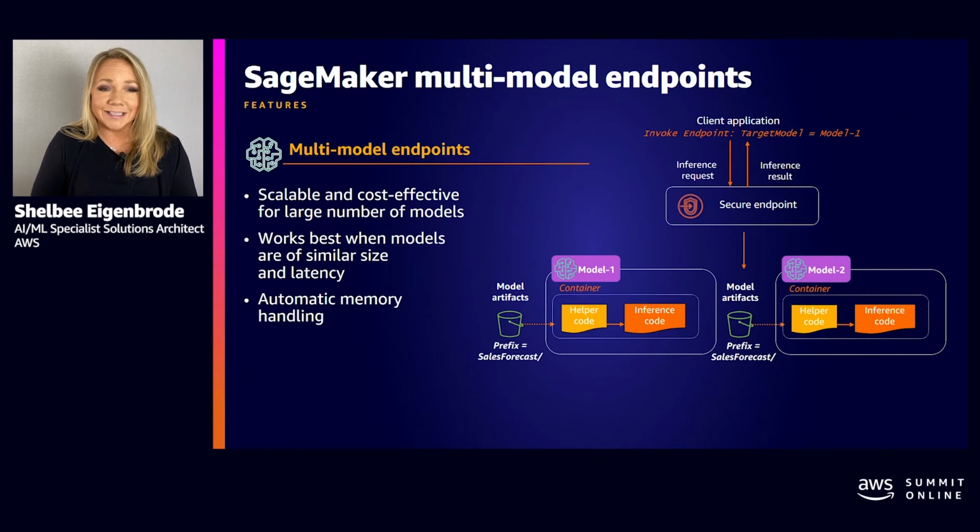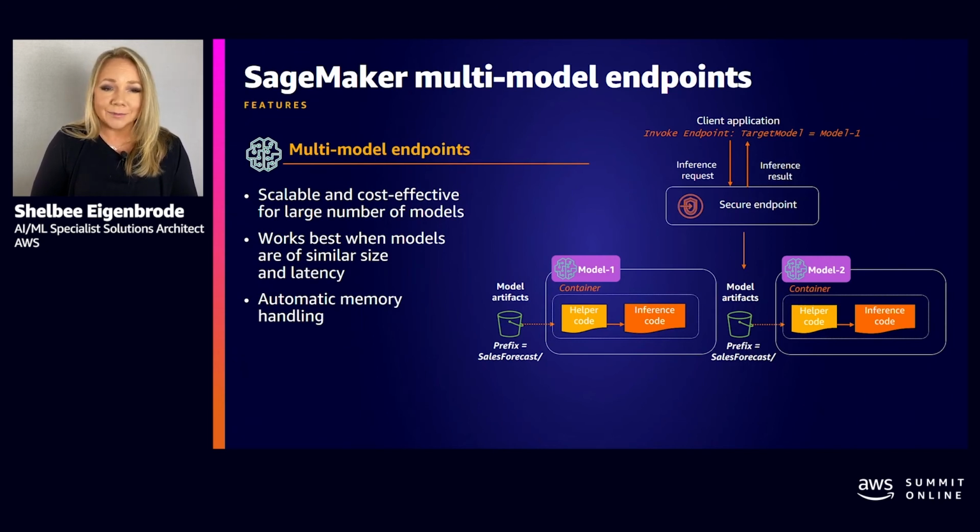This feature is ideal when you have a large number of similar models that you can serve through a shared serving container, and you don't need access to all the models at the same time. So for example, if you're trying to predict sales using multiple location-specific models, but none of the models by themselves really consume a large amount of endpoint resources. In this case, one multi-model endpoint can efficiently serve this traffic and enable significant cost savings.